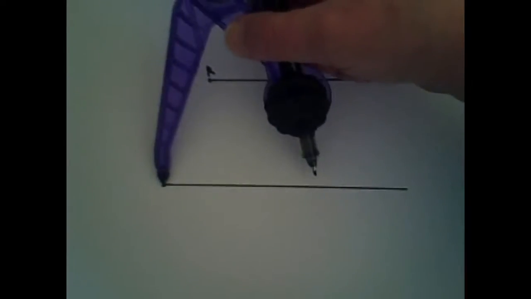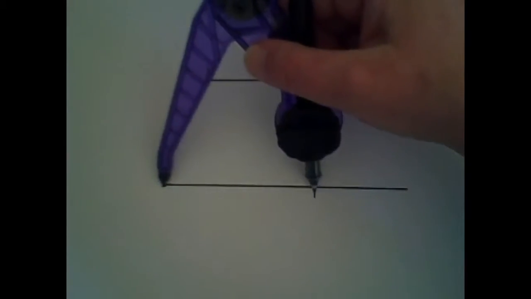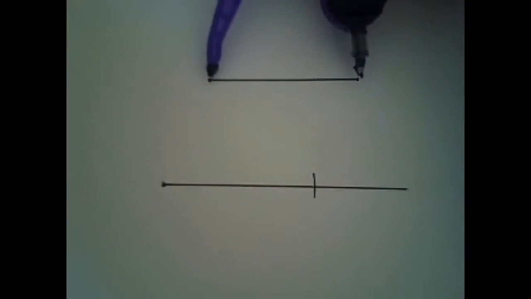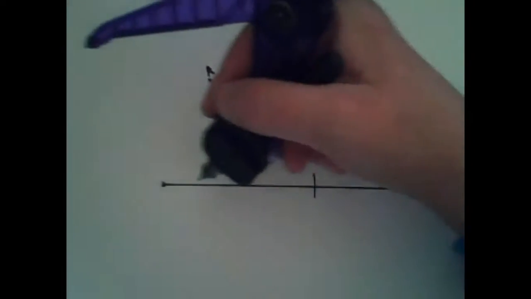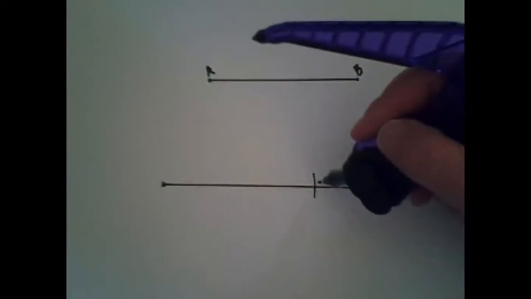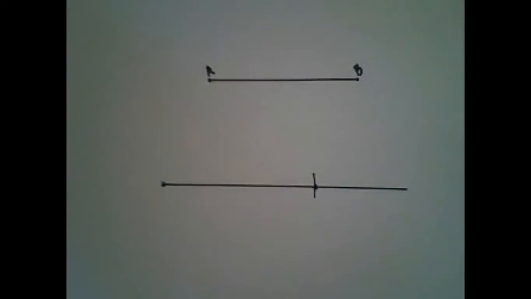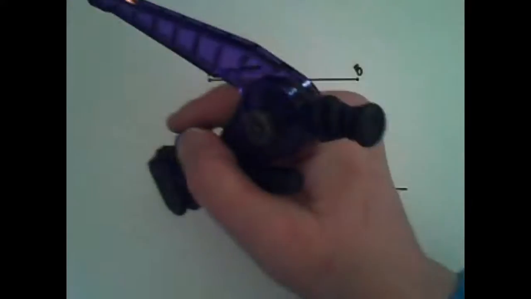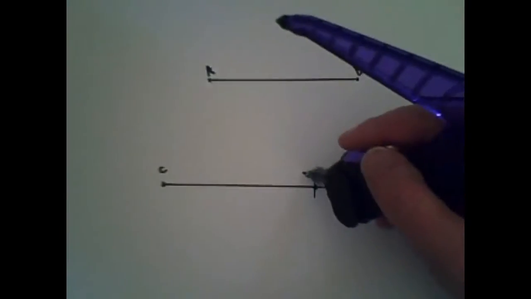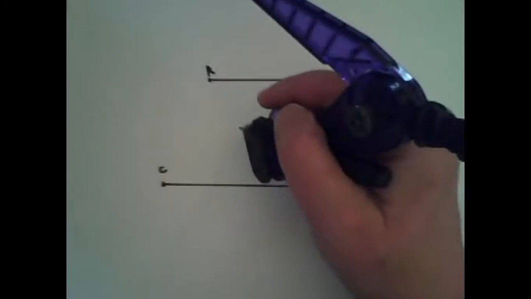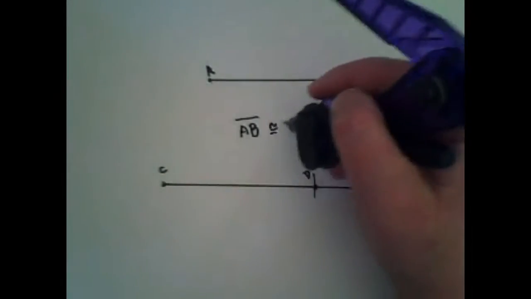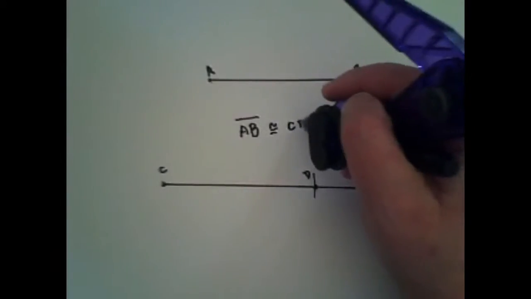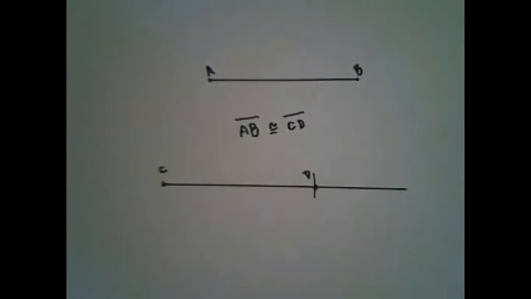That's the end point of my copied line segment, and I'm going to make an arc that will be the same length as the distance from A to B. So now this arc tells me that this line segment is the same length as my original line segment AB. So if I would label that, let's say CD, then I could say that line segment AB is congruent to line segment CD. That means they're the same length.